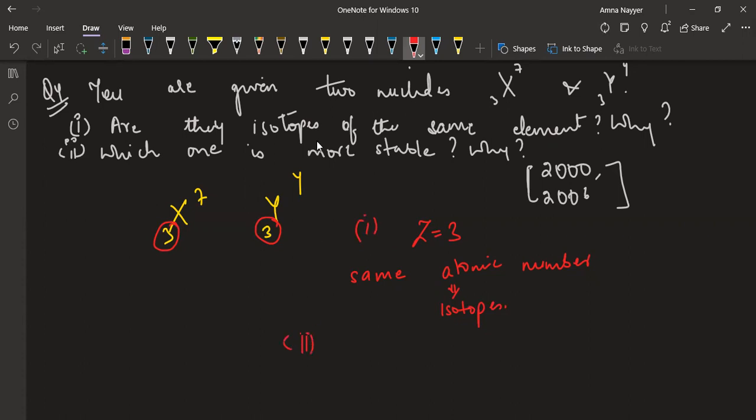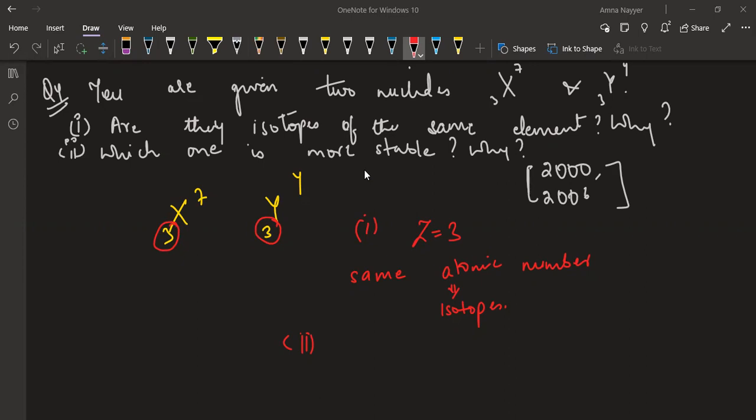And the second part, just a second. So see in the second part, it is asking which is more stable.